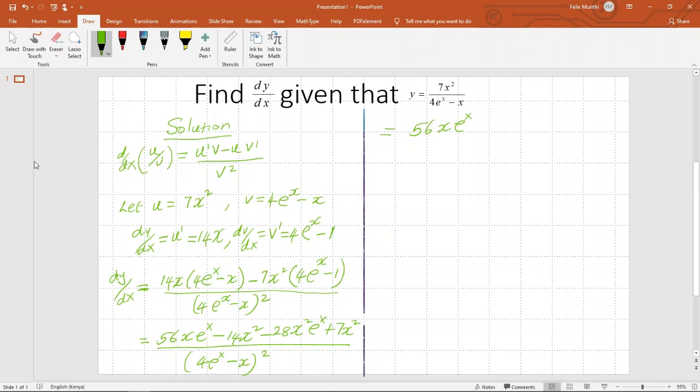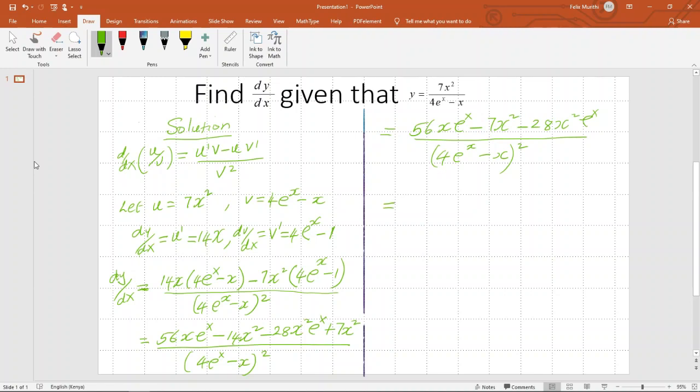Minus 14x squared plus 7x squared will give us minus 7x squared. Then the last term remains the same, which is 28x squared e^x. It's all over 4e^x minus x, squared. Okay, so how else can we simplify this?